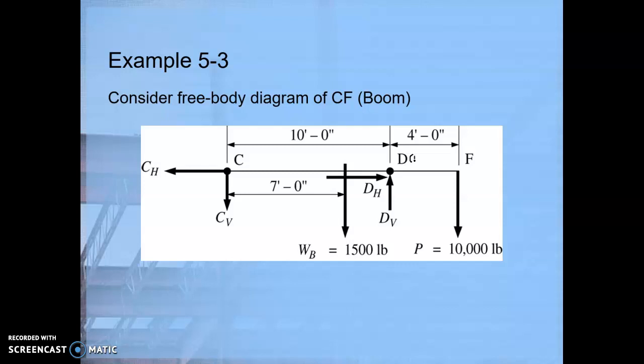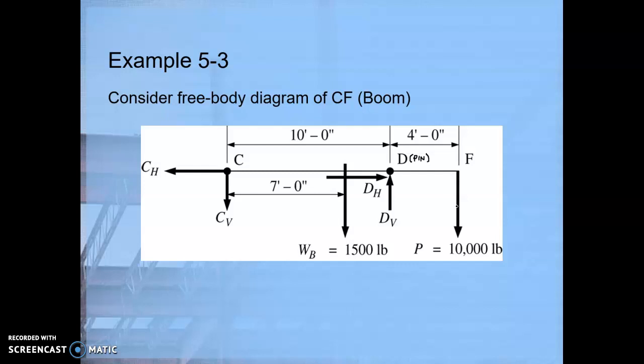Remember this joint D, this is a pin. And a pin connection has two reaction forces, vertical and horizontal. So it makes sense to assume that the vertical reaction here is going up. Remember, we've got this giant load here at the end trying to pull the end of it down. So it makes sense to assume that that's going to want to push it back up.